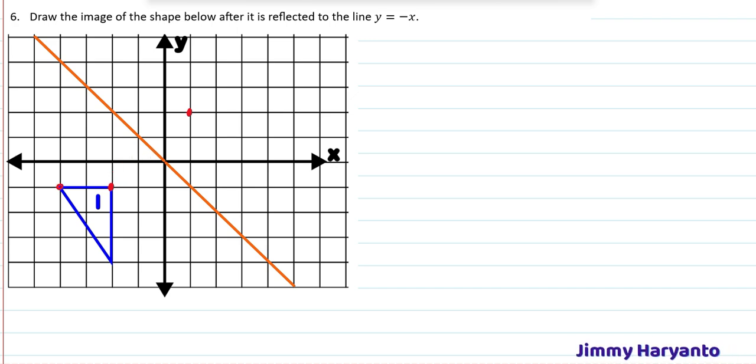The second point is right here, 2.5 units. This one also 2.5 units. That means the point will be right there, and then you connect it together. For the last one, it will be 3 units to the mirror. That means 3 units also to the image, just like that. This is our image, which is I prime.